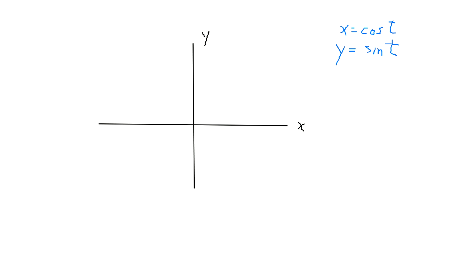Okay, so you could make a table. We could pick values of t and then find coordinates. This is a very simple example.